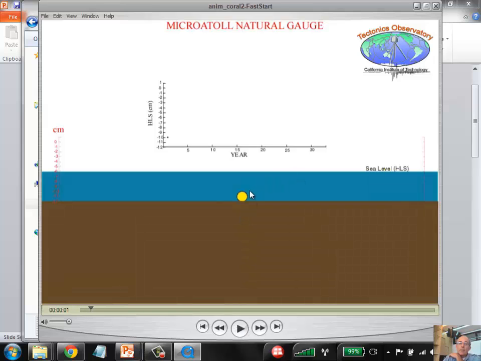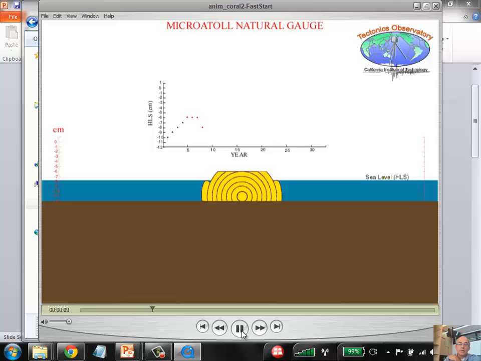So the idea, remember, is that coral grows and it doesn't like to be dry. It doesn't like to be in the air. And so it's growing, and the highest level of survival is just the highest point on the coral that's alive. So as soon as it hits the water level, then it stops growing up and it grows to the side.